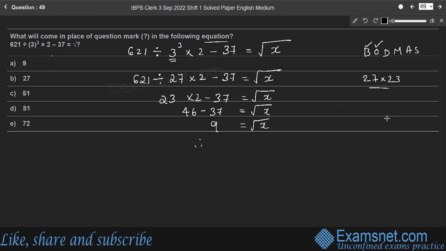Right? Therefore, x is square of 9, 9 square, which is 81. Right? Root of x is 9. Therefore, x is 81. So root of 81 is 9 here. Therefore, 81. Option D is the right answer.